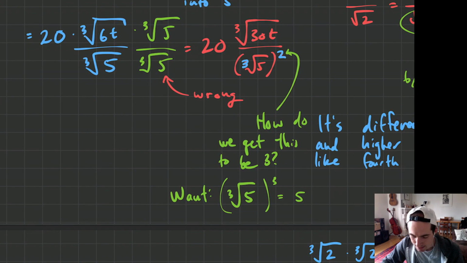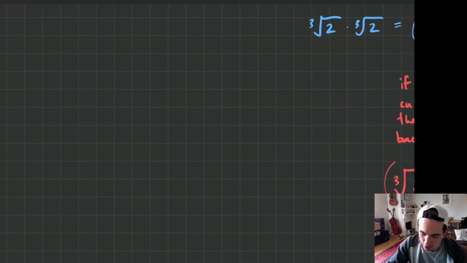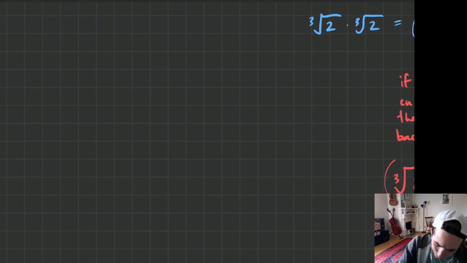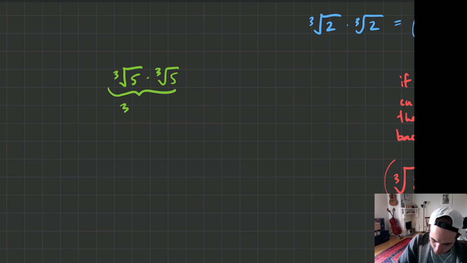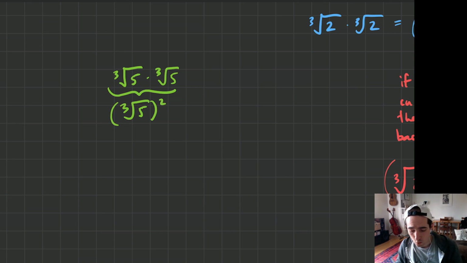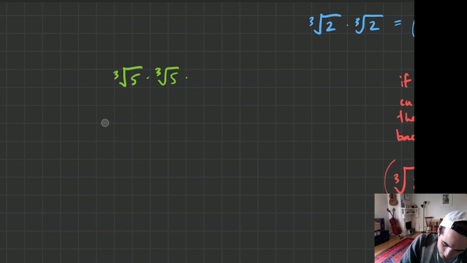So let's think about how we could get the cube root of 5 cubed. If I have the cube root of 5, and I multiply that by the cube root of 5, this right here is the cube root of 5 squared. I don't want that. I want the cube root of 5 cubed, so I would have to multiply it. And you know what? I'm actually going to colorize this. This is going to look much better with colors.